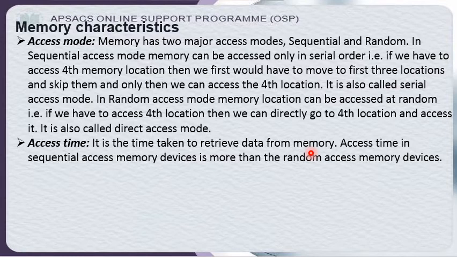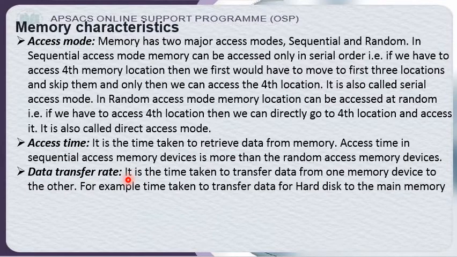The time taken to retrieve that data is known as access time. In a sequential access memory, it requires more time compared to random access memory. So random access memory is faster.